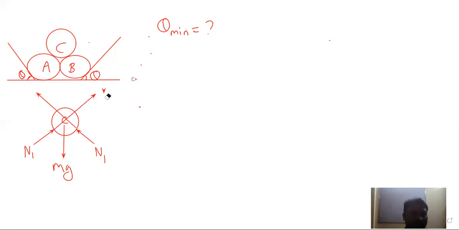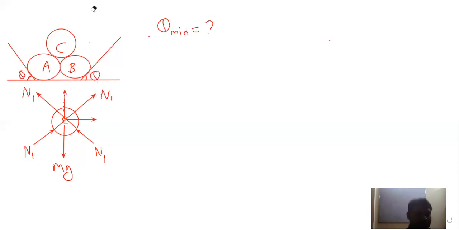Now let us think about the components of N1. This is N1, this is N1. If I draw the components of N1, it will be like this: the vertical component and the horizontal component. Now let us think about the angle. What will be this angle?